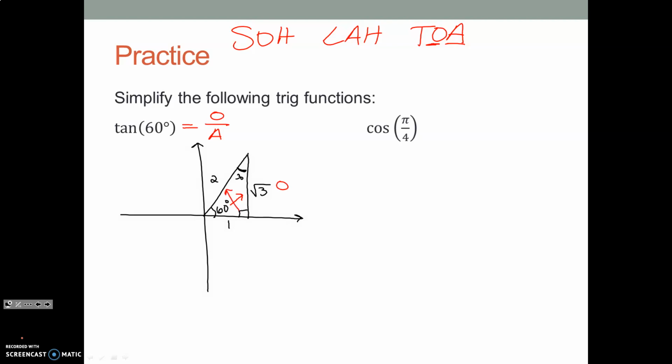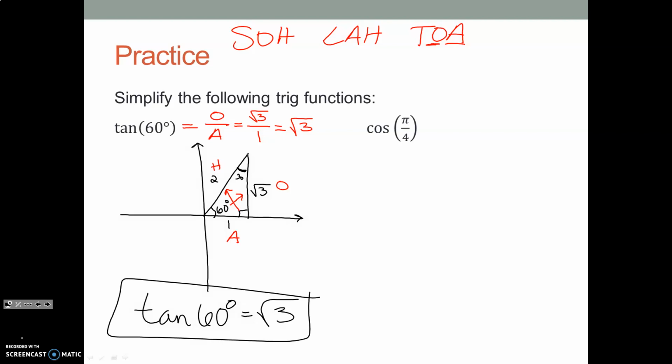My hypotenuse would be 2, which leaves adjacent to be 1. So square root of 3 over 1 would just be square root of 3. So the tangent of 60 degrees equals square root of 3. And that's it. That's all you have to do.